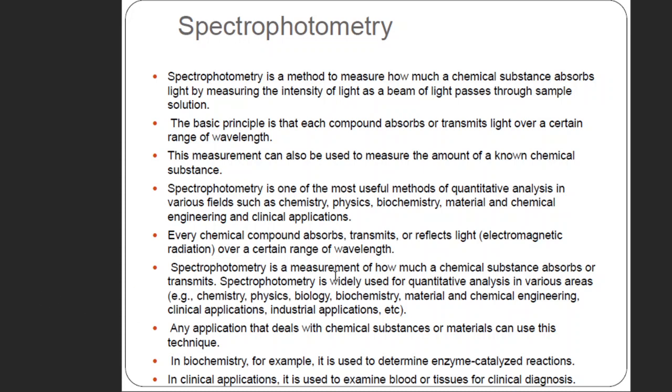Now the basic principle is that each compound absorbs or transmits light over a certain range of wavelength. We know this characteristic; you might have studied this in your 11th and 12th class as well. Every matter or every element absorbs or transmits some wavelength of radiation. The color of leaves is not actually green, it is the reflected color.